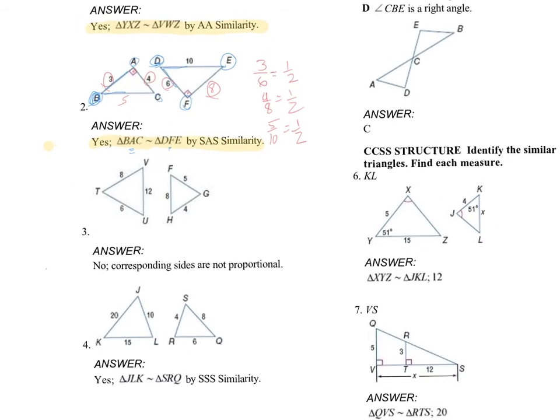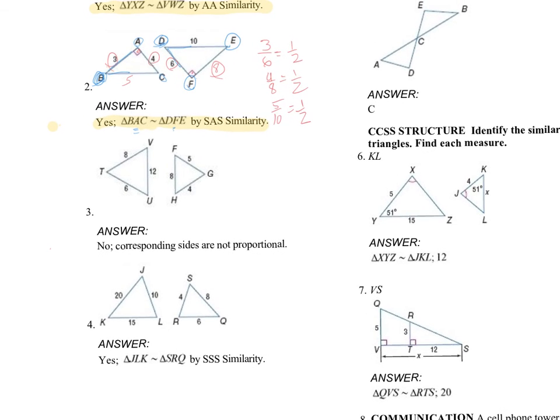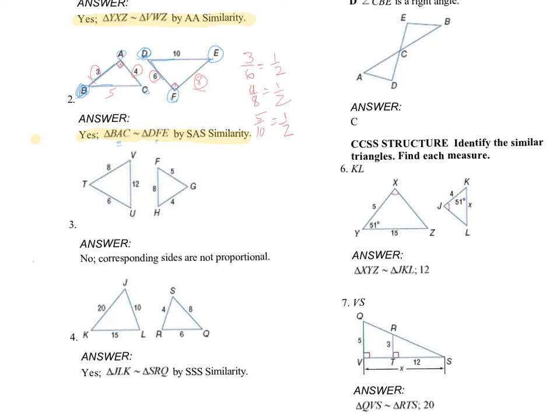All right, looking at number 3. If we look at this, they don't tell us anything about the angles. So then I would jump immediately to looking at the sides to see if they're proportional. If I start with the smallest one here, that's 6 over 4, which if we divide by 2 is going to be 3/2.